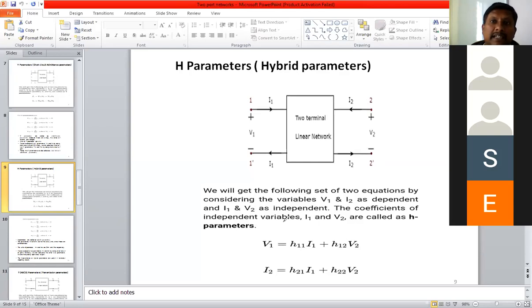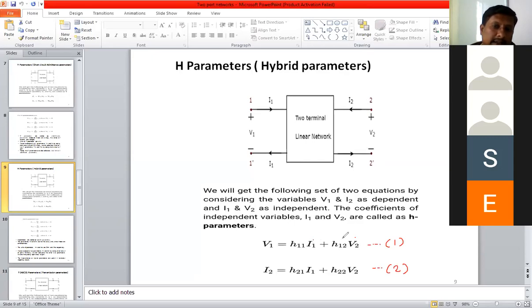So which are the dependent variables here? V1 and I2. Very good. That is shown already in this slide. This is the equation number 1 and 2. V1 and I2 are the dependent, so I1 and V2 are the independent.